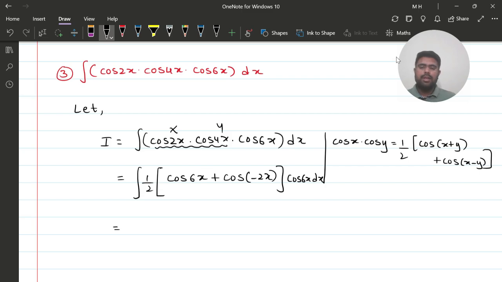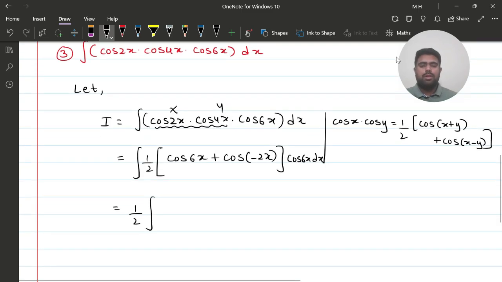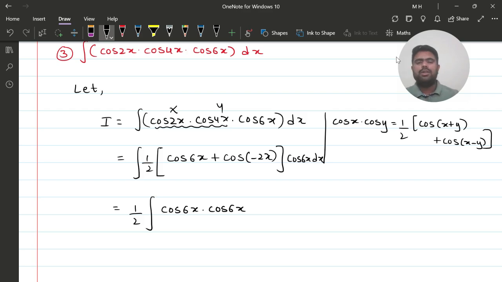So this will be equal to 1 by 2, I will throw out. Now I will multiply these two, cos 6x into cos 6x. I will not make it cos square 6x. Why? Because I would need another result to solve that. Rather than doing it, I will use the same result cos x into cos y to solve this.